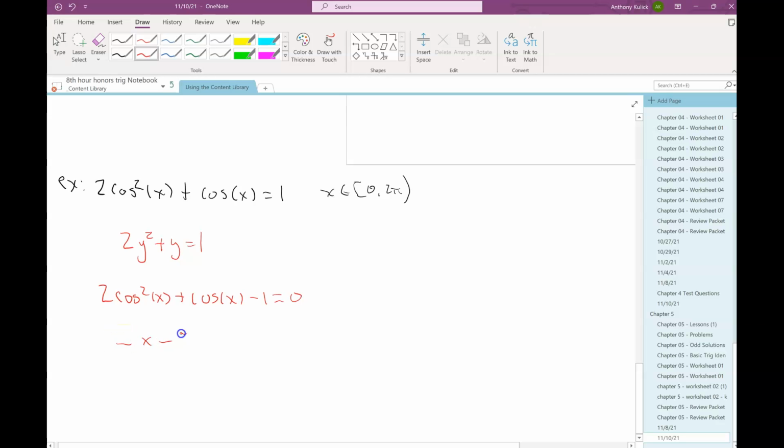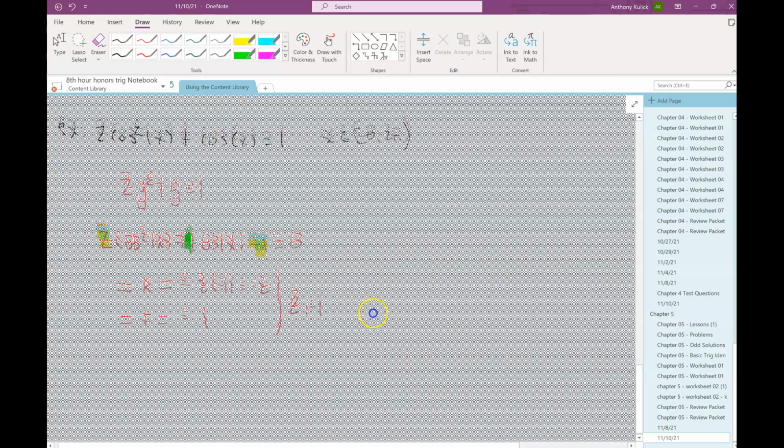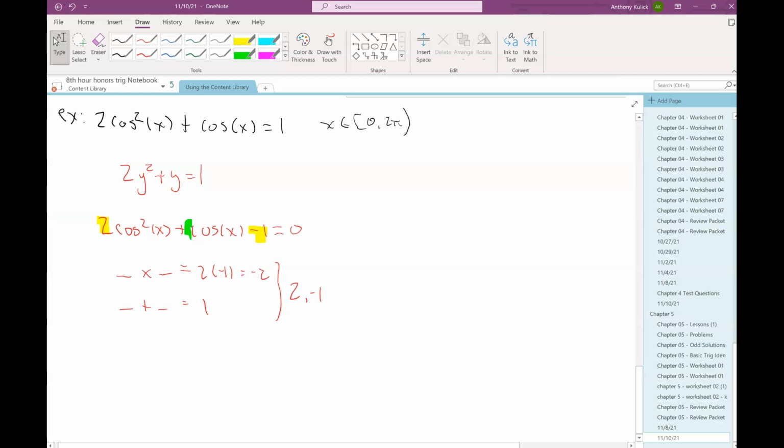Because the leading coefficient isn't 1, you need the two things that multiply to give first times last and then add to get the middle. So what are those two numbers? 2 and -1. Good. What do we do with those two numbers? You split the cosine up, so it's 2 cosine x and then -1 cosine x. Good.